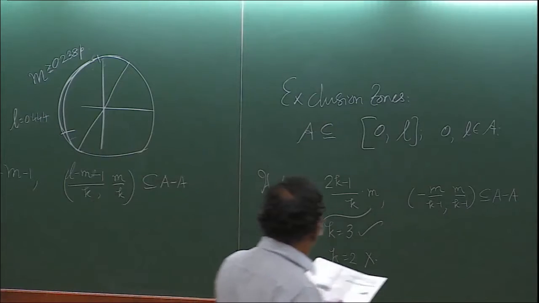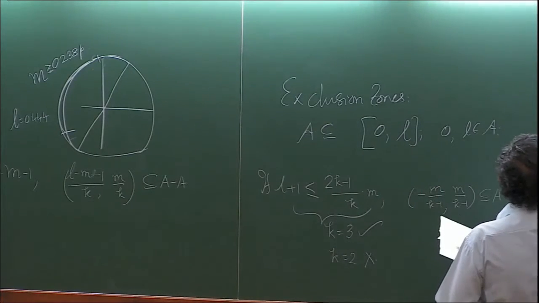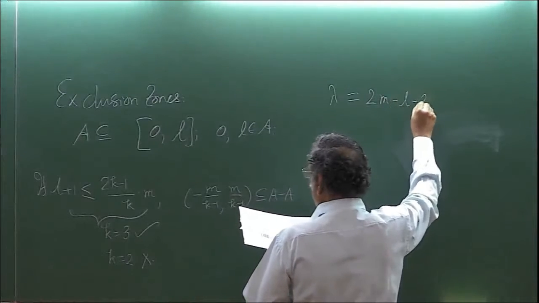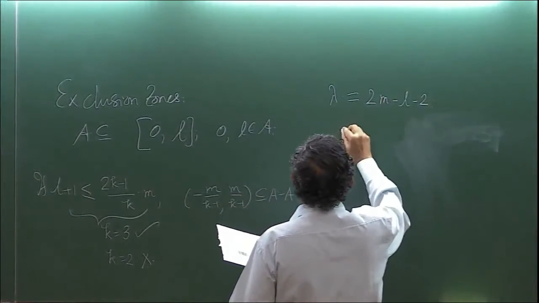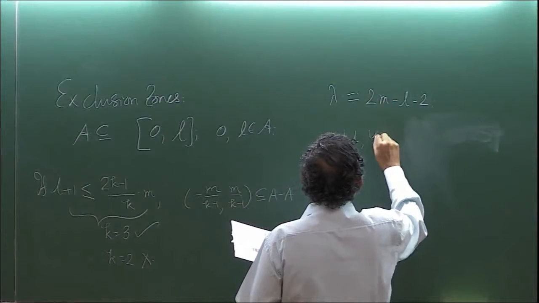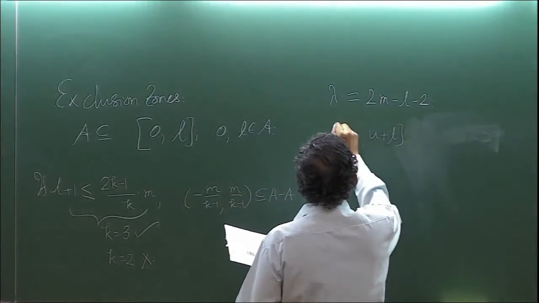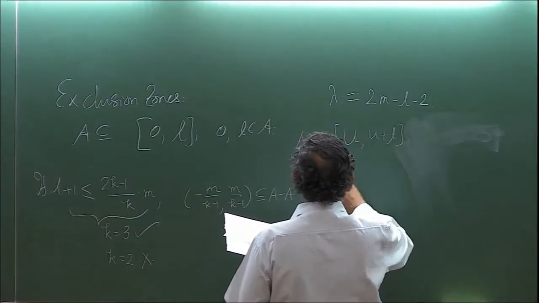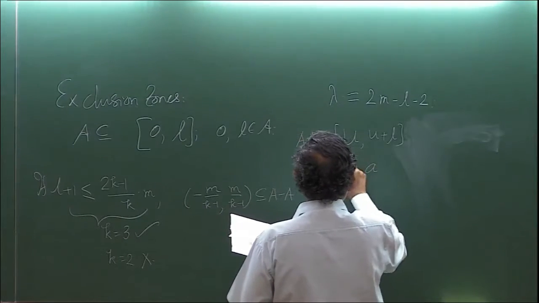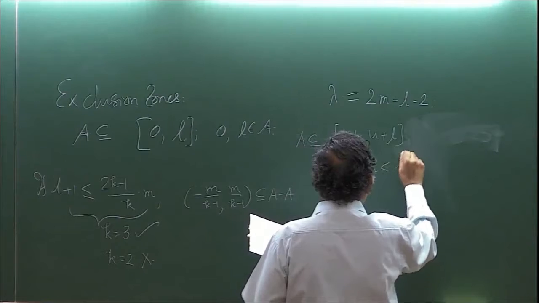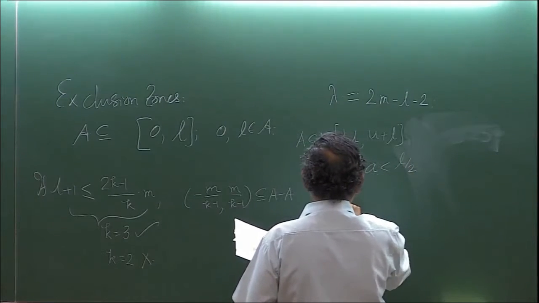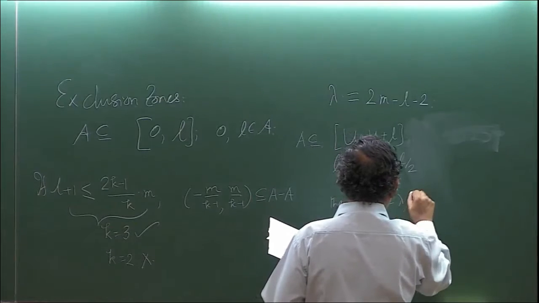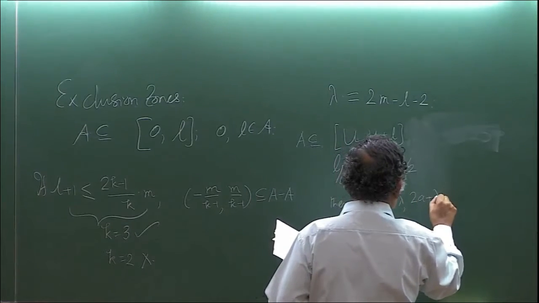And then we also had another result which says that if you define your lambda to be 2m minus L minus 2, and if A is contained in u to u plus L, and if there is an a which lies between L by 4 and L by 2, then 2a minus lambda to 2a plus lambda is also an exclusion zone.